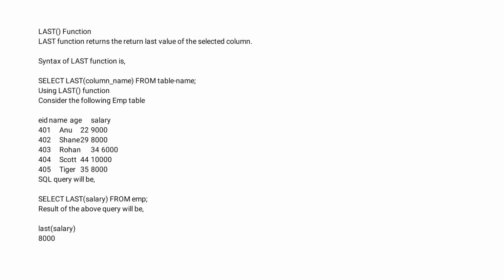If we apply the last function on EID, we get the output 405. On the name, we get Tiger, and on the age, we get 35.